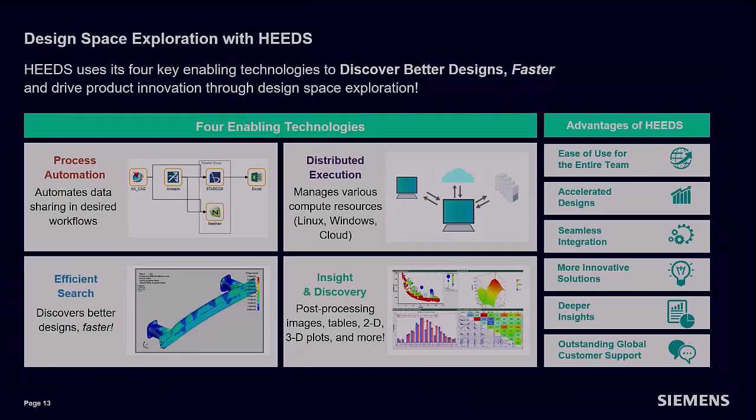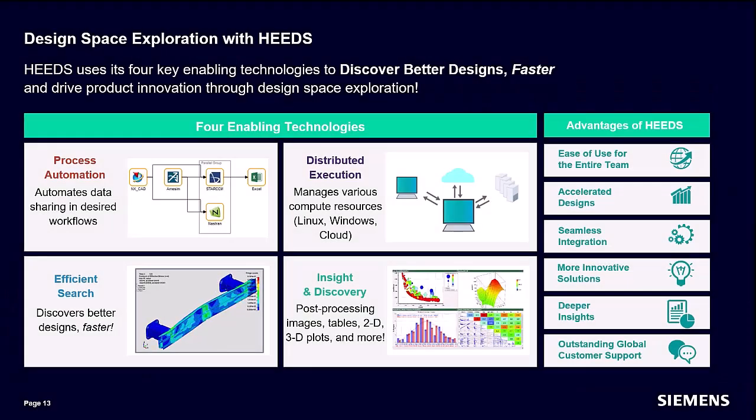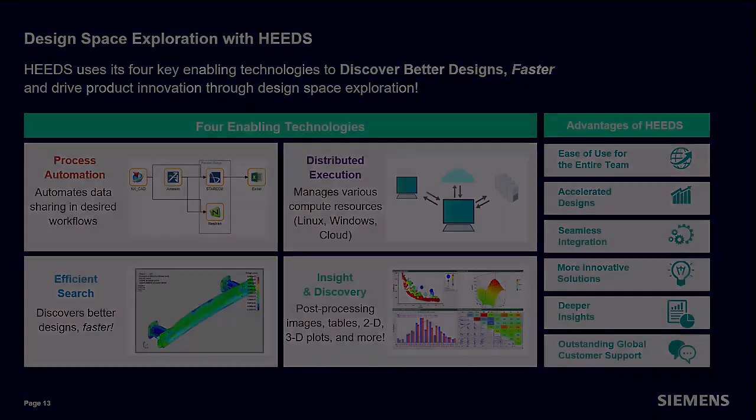There are four key enabling technologies that make HEATS a great tool to help drive product innovation. Process automation enables the execution of CAD and CAE tools without any manual intervention. The distributed execution capability allows for leveraging remote HPC resources to aid in faster computation. The state-of-the-art search framework Sherpa enables efficient search with its unique hybrid adaptive techniques, and a dedicated post-processor called HeatsPost comes with several post-processing tools to help gain insights from the data generated and compare the high-performing designs discovered by HEATS.